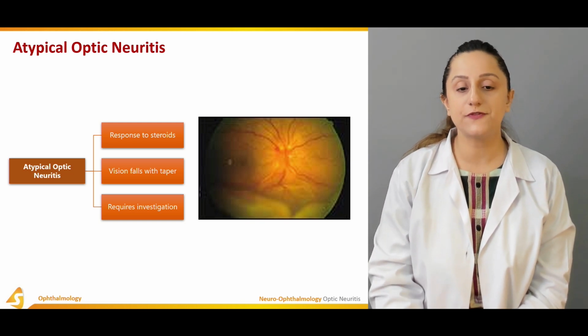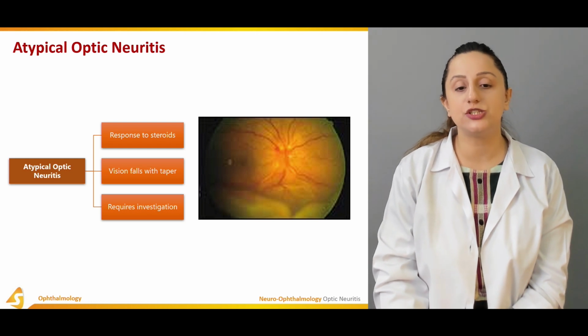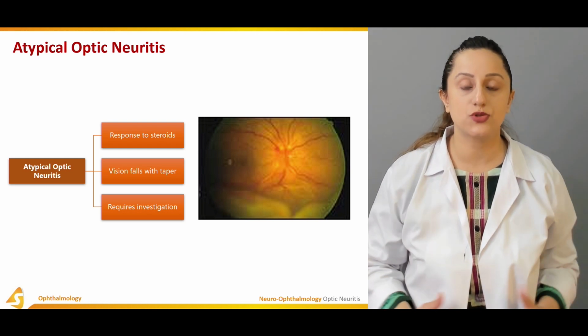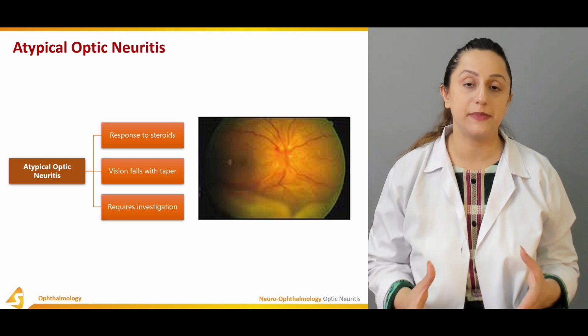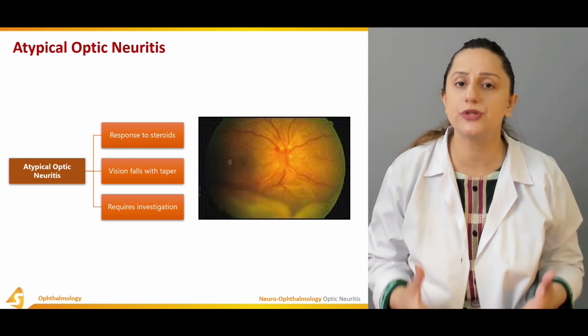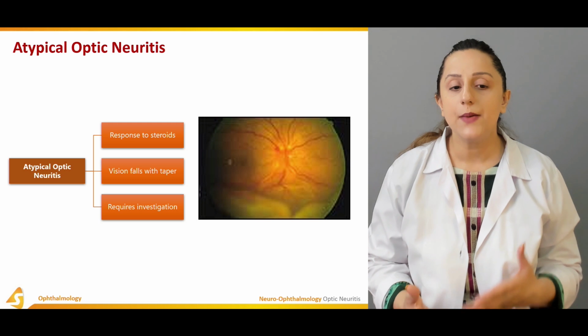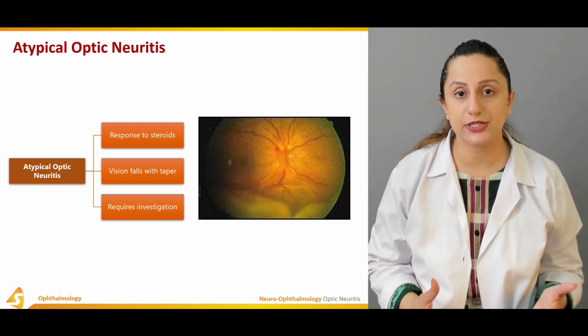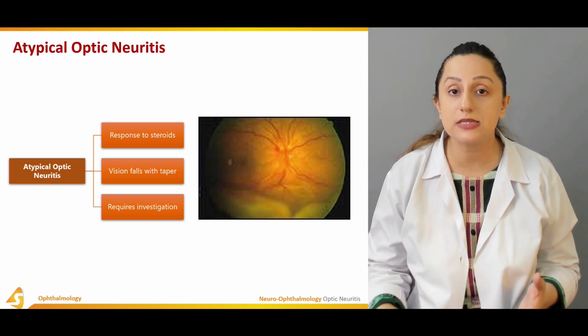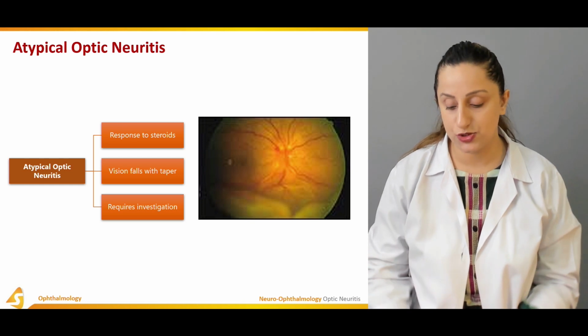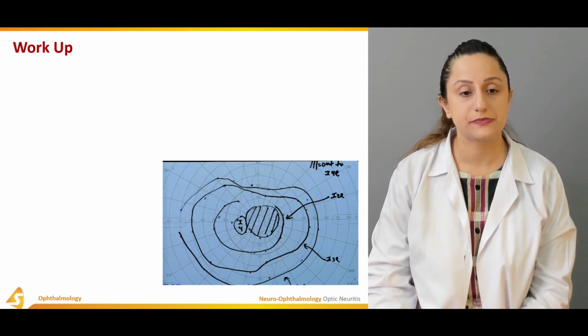So all of these features, we have to note down that usually the optic neuritis, or the inflammatory changes that are taking place at the optic nerve, do not usually respond to the steroidal treatment. But in this case of atypical optic neuritis, we'd see that they're responsive to the steroidal treatment in these individuals.